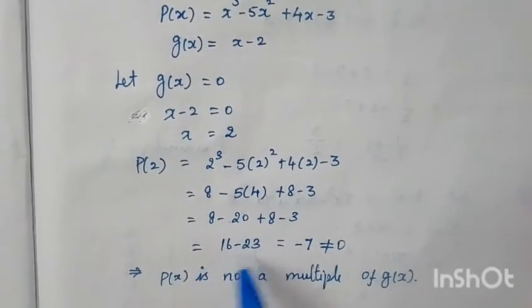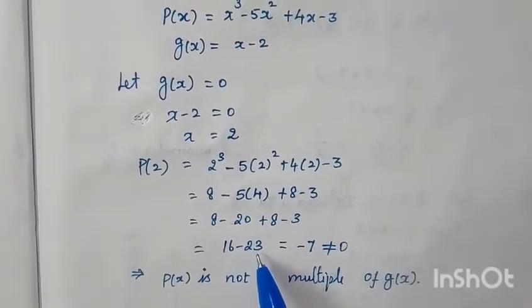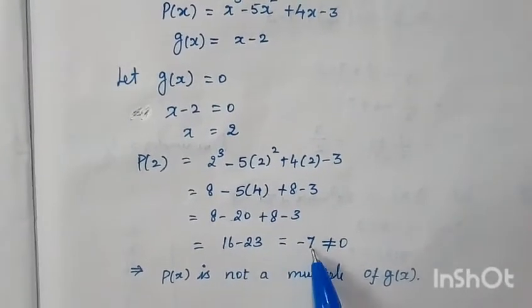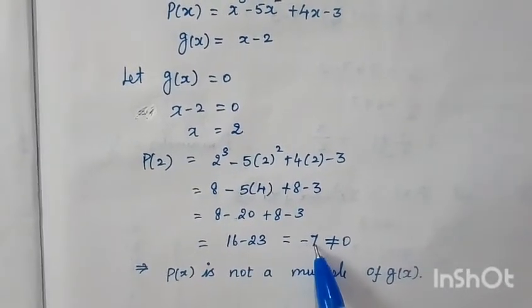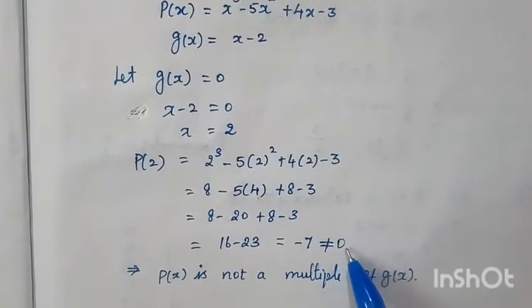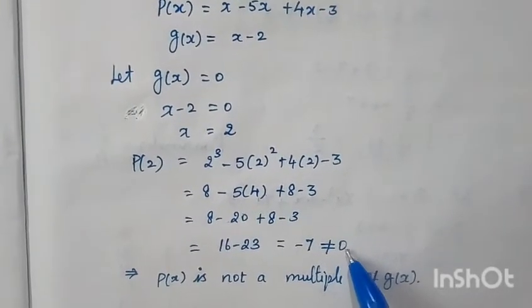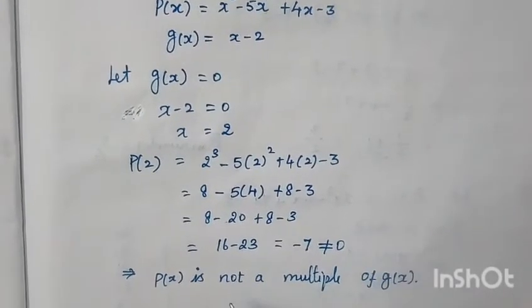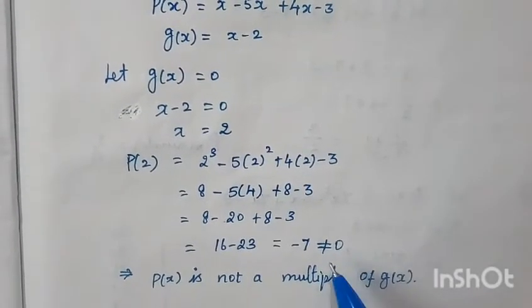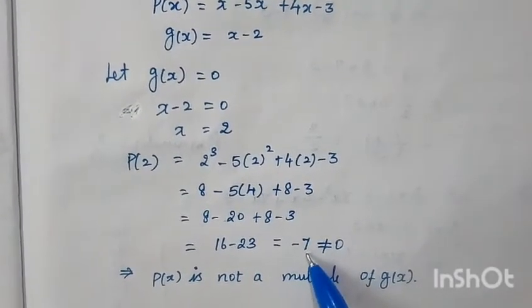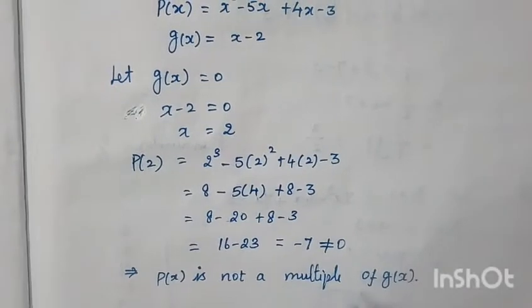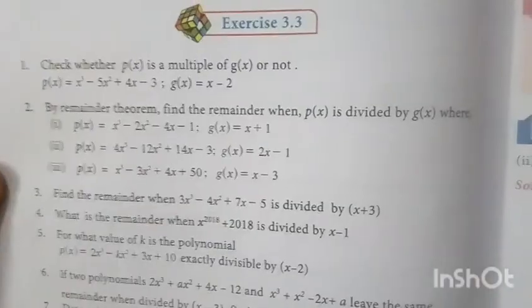These two have different signs, so you subtract from the bigger number. 23 minus 16 is 7. The bigger number's sign is minus, so minus 7. This is not equal to 0. If it were equal to 0, we would say p of x is a multiple of g of x. Here we get not equal to 0, so p of x is not a multiple of g of x.